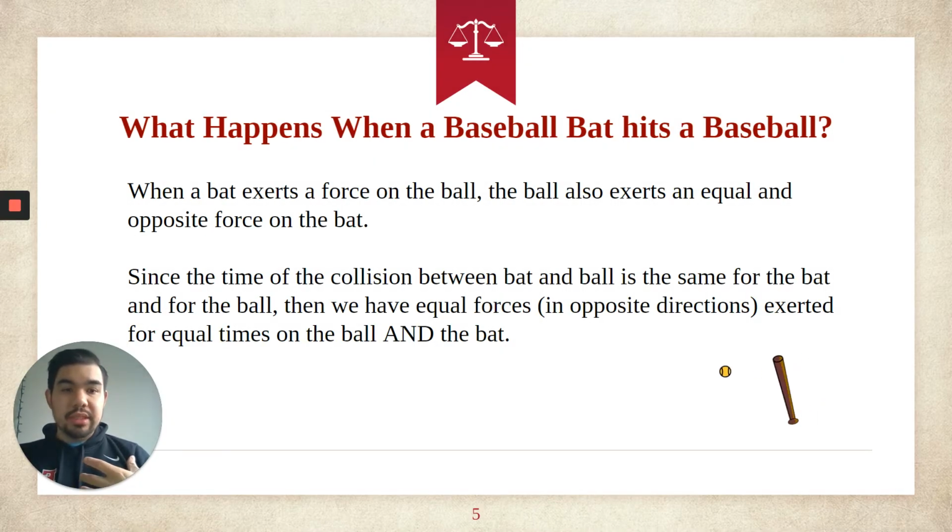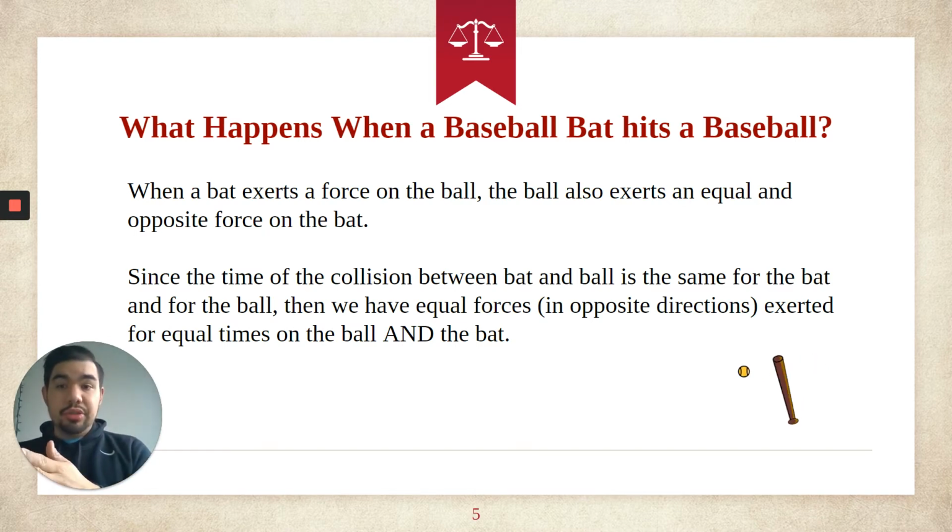All right, let's start connecting this to this idea of momentum and also pull back one of our previous examples where we have a baseball or softball and a bat. So we know when a baseball is coming towards a bat and then the bat strikes it, we have another example of Newton's third law. The bat is exerting a force on the ball.